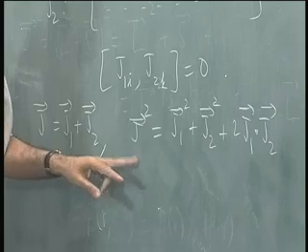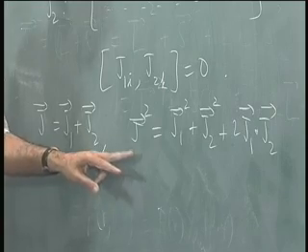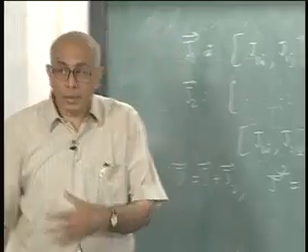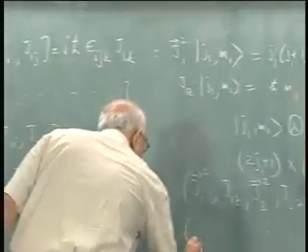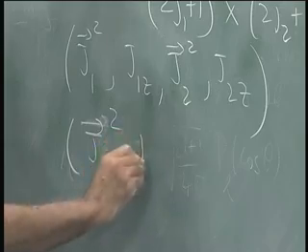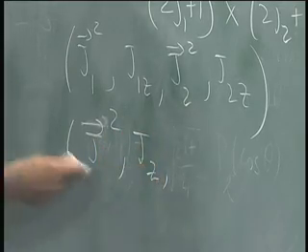This total angular momentum squared can be quantized, and that too satisfies commutation relations: J_i with J_j is i epsilon_ijk J_k. So I can find another way of doing this, and that is J squared, Jz, because that commutes with J squared.